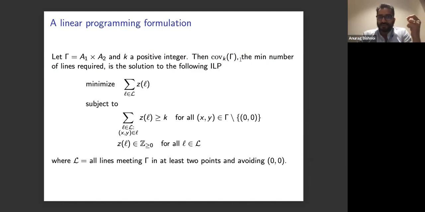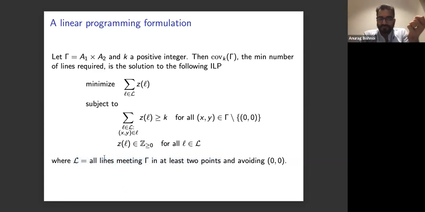Then this covering number is in fact the solution of the following integer linear program. We consider the set of all lines that meet our grid in at least 2 points. Because if a line meets our grid in only 1 point, you can ignore that. From any optimal cover, you can ignore lines that meet your grid in only 1 point because you can always replace it with another line that meets the grid in at least 2 points without changing any covering properties.